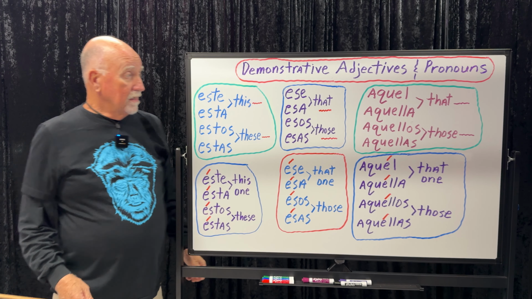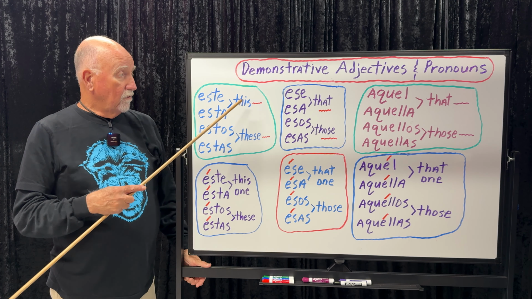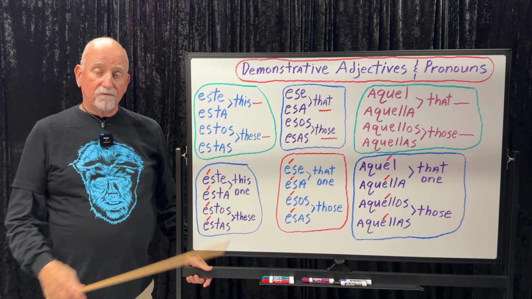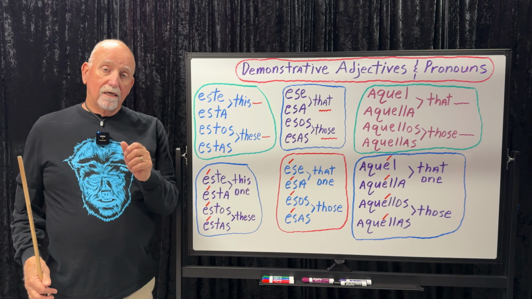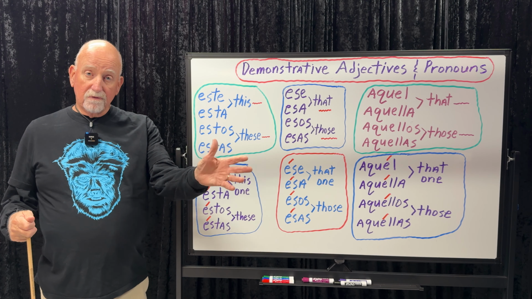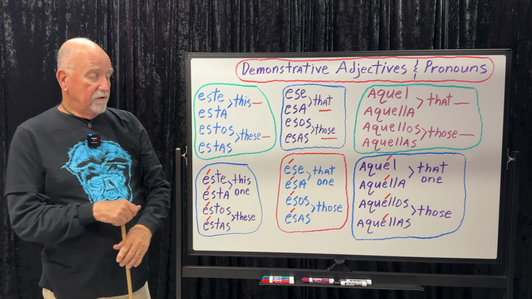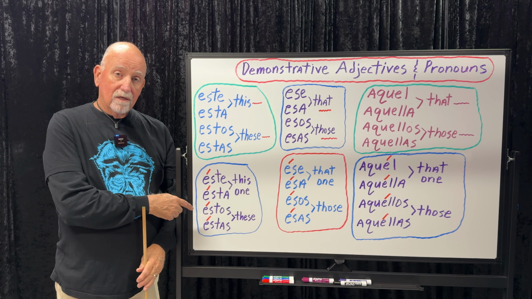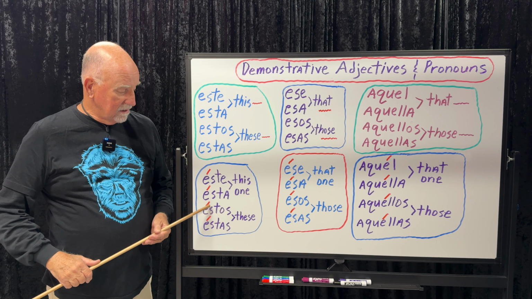Now, if you want to say this or that, these or those, and follow it with a noun, there is no accent mark. Again, if you want to say this something or that something or these something or those something, there is no accent mark. But if you don't state the noun after this, that, these, or those, you have to have an accent mark.